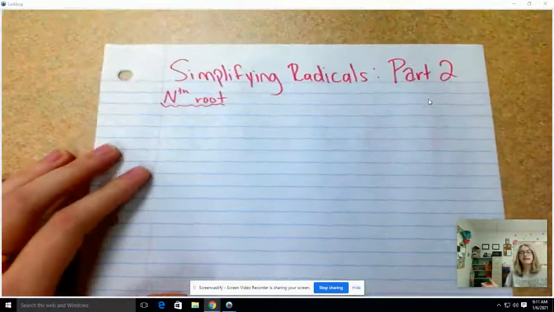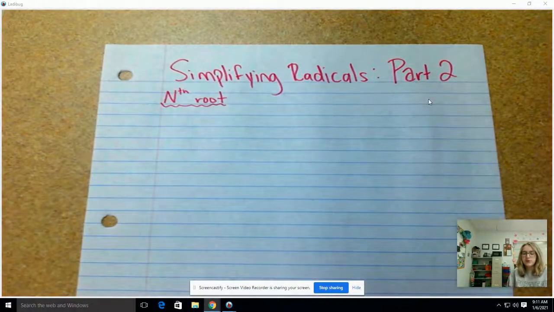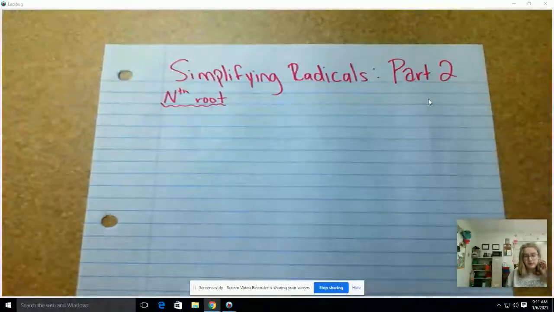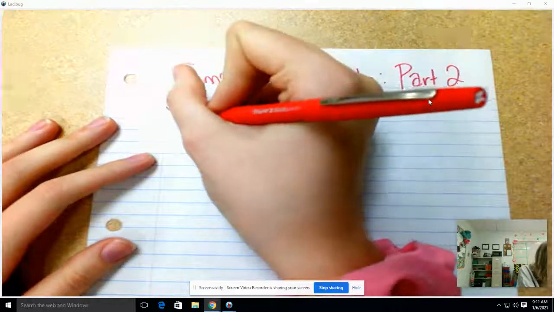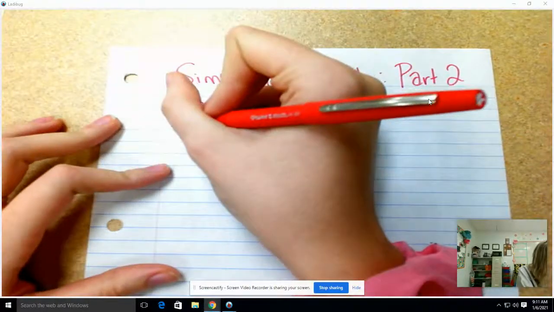So nth root implies that your root isn't always going to be 2. Sometimes you're going to take the cubed root of something. Let's do the cubed root of 64, denoted with a little 3 right here.